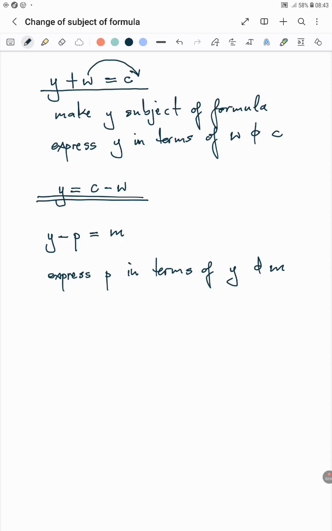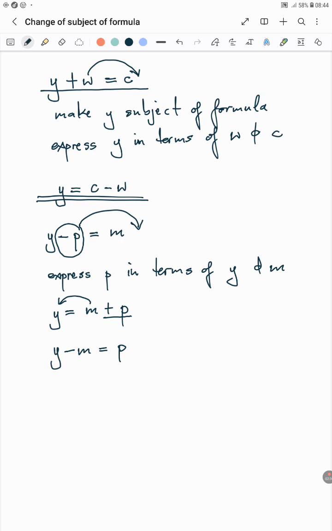So if we take p to the right hand side, we're going to have m plus p, because we are saying this minus p, if we take it this side, it becomes positive. That's what we have represented here. And now we have to remove m from the right hand side and put it on the left hand side. So if m crosses the equal sign to the left hand side, it becomes negative, and here you're going to have p.